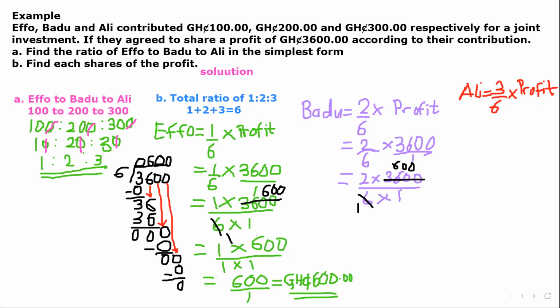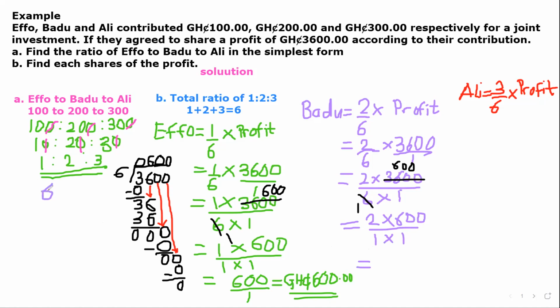Now we have the remaining numbers here: 2 times 600 all over 1 times 1. And then 2 times 600.